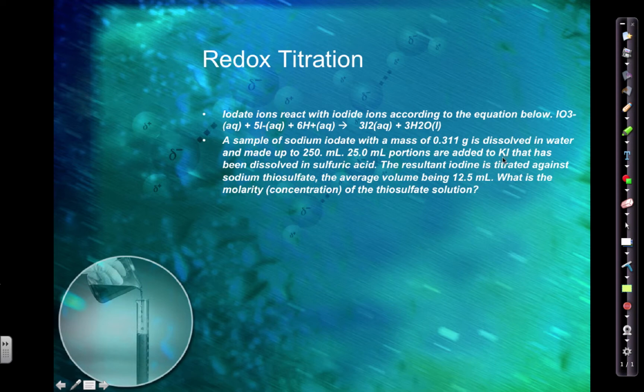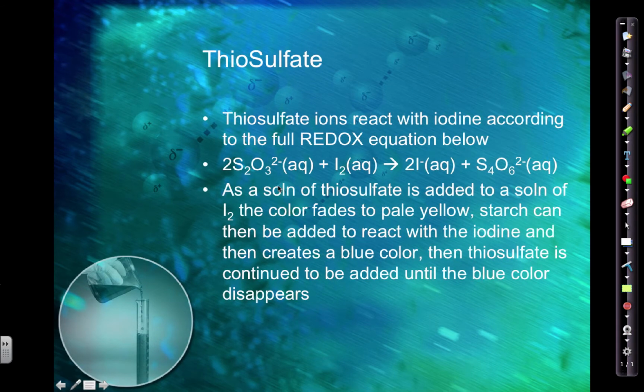That's what happens when you have the potassium iodide, which is dissolved into the acid, so there's our H pluses. So this is the first reaction. And then this stuff was added to sodium thiosulfate, which will react like this with iodine. So it's two reactions.